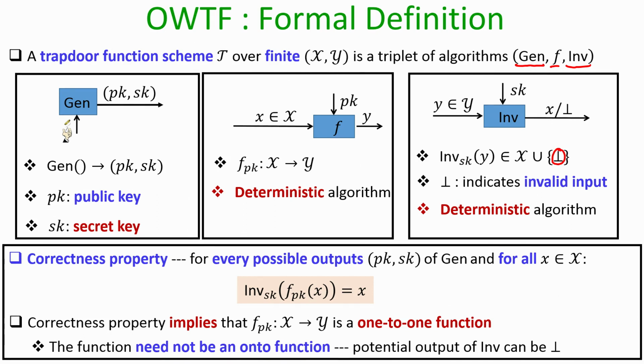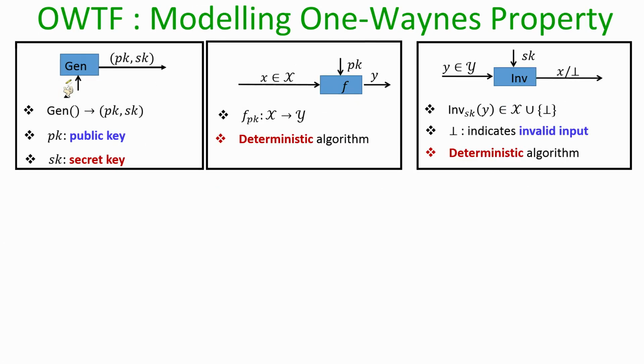Because if we are trying to invoke the function inverse on some element little y which does not have a pre-image, that means this little y is not an element of the range set of your function f, then we should get the output bot, indicating that we are trying to invert something which does not have a corresponding pre-image, right. So, that is the definition of one way trapdoor function.